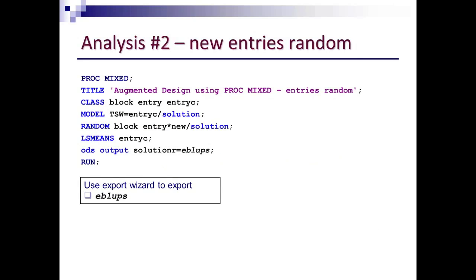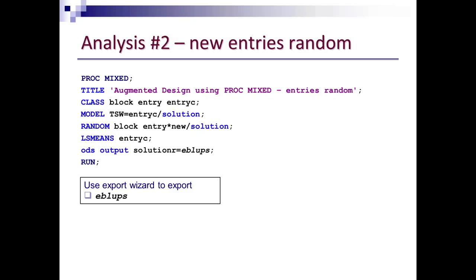Okay, so then to go on and use the mixed procedure to analyze the entries as random effects, the analysis would look like this. We'd have our class statement here with block, entries, and the new fixed effect value there. And in the model statement, we only would include our fixed effects, being the entry C. And then we could request the solution for the fixed effects.